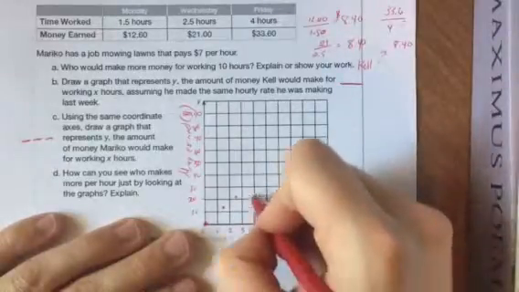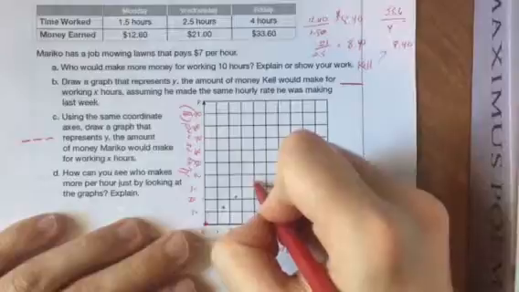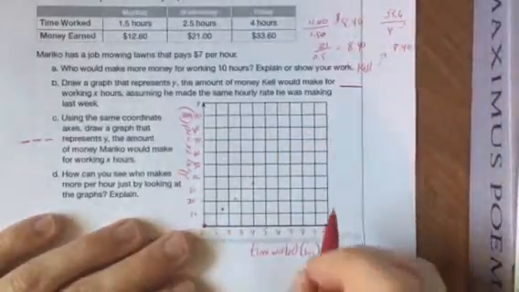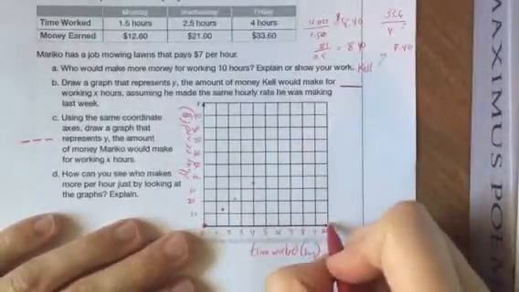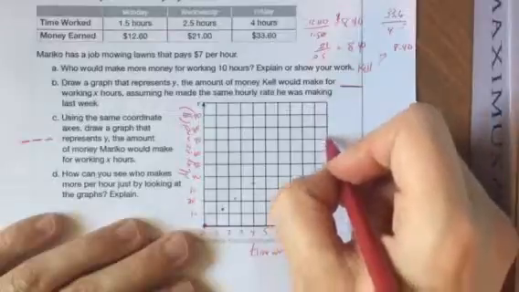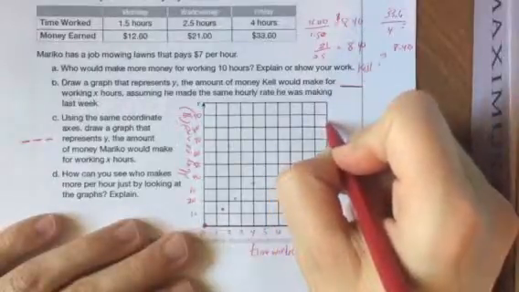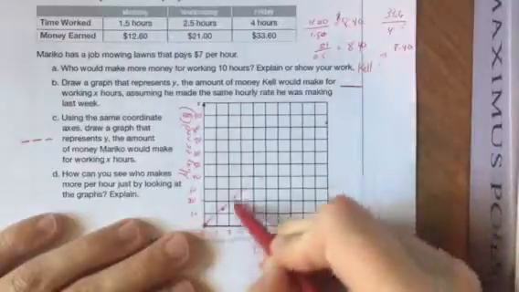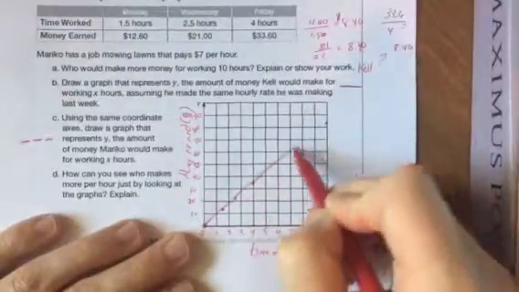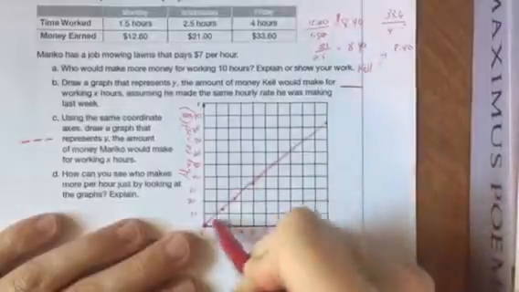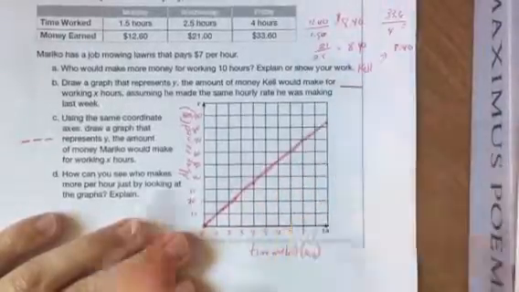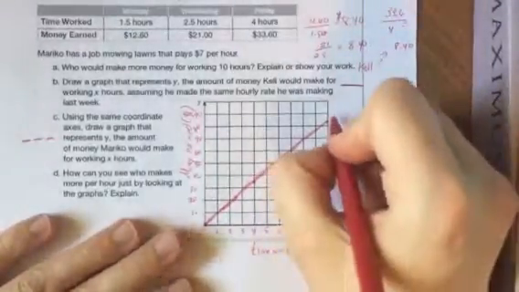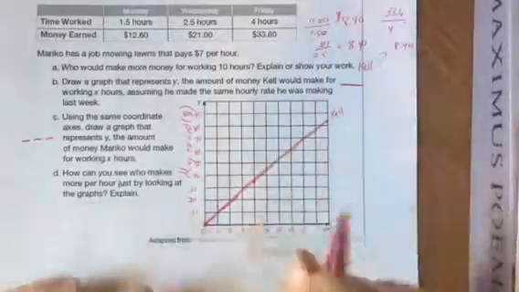After 4 hours, Kel makes 33.60, so right about there. 10 hours would give us $84, so right around there. That kind of gives us an endpoint to go to. So here's Kel's line. And that was B, so I'll label that Kel.